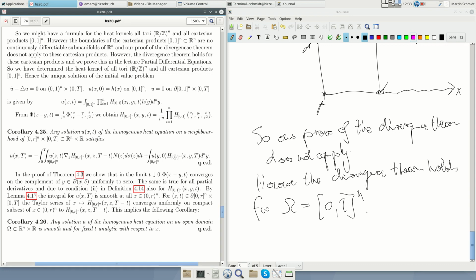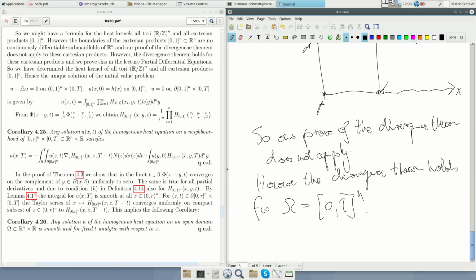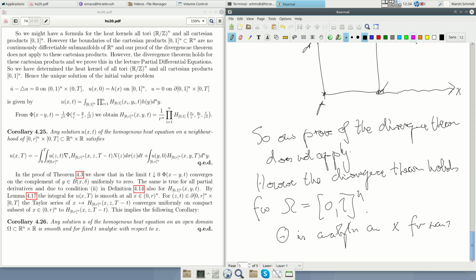Since we expressed these heat kernels by theta functions, and the theta functions are analytic, theta depends analytically on x for non-zero tau.